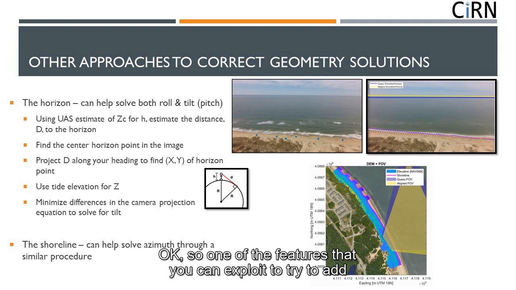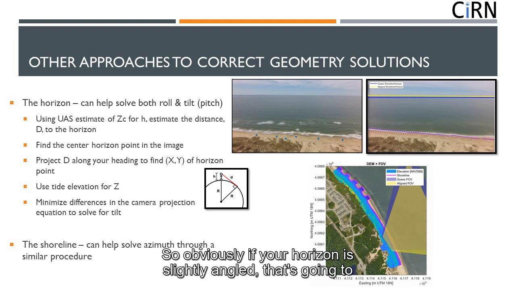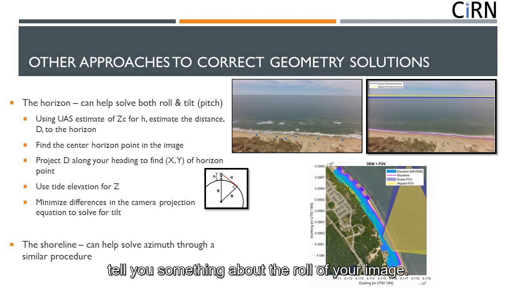Okay. So one of the features that you can exploit to add additional information is the horizon. It can help you solve for both roll and tilt. Obviously, if your horizon is slightly angled, that's going to tell you something about the roll of your image.